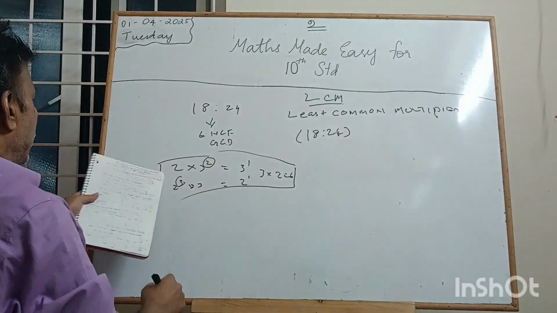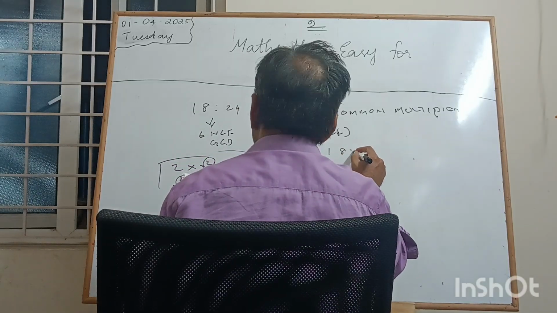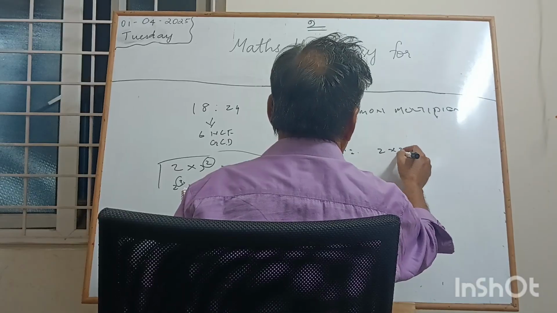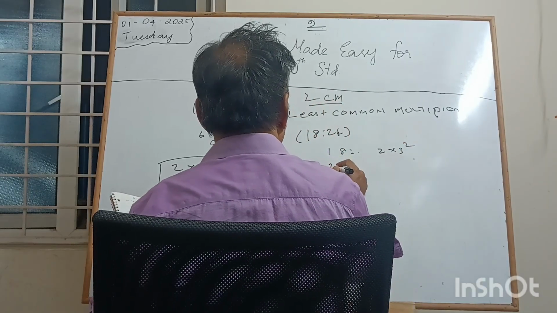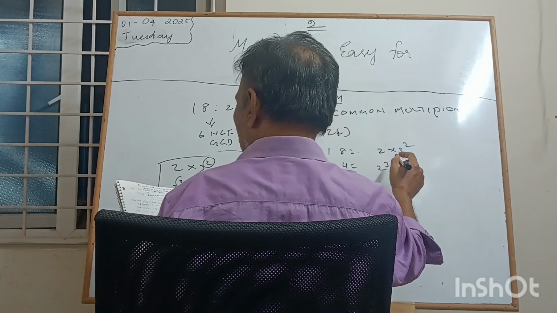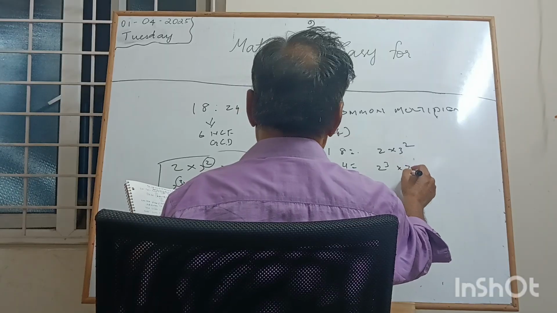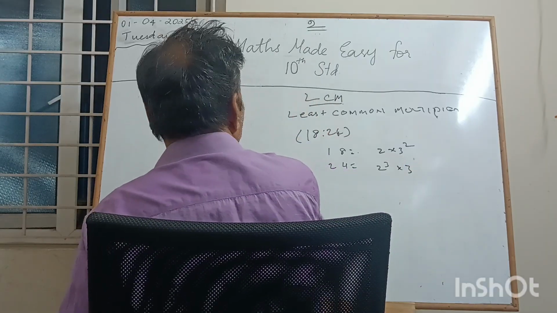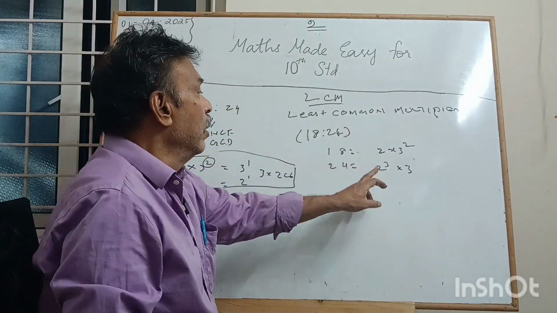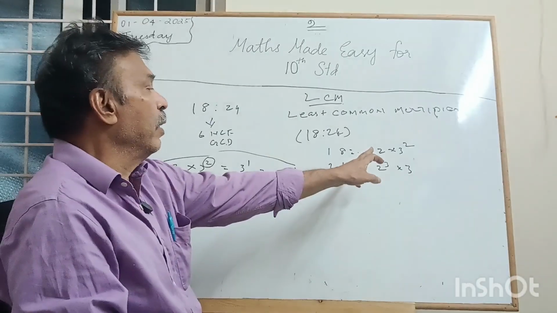Now, the same for 18 and 24: 18 is equal to 2 into 3 squared, and 24 equal to 2 cube into 3. 3 squared is 9, into 2, 18. 2 cube equal to 8, 8 into 3, 24. Is it clear?